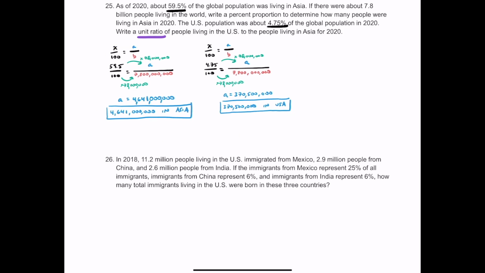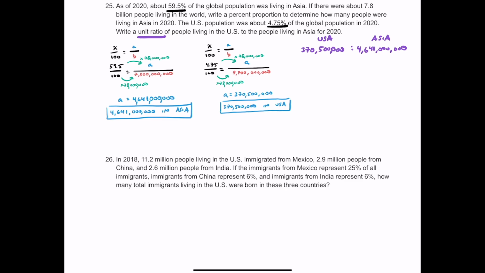Okay, so let's write the ratio of a unit ratio. We need per one. So let's say, I guess it makes more sense to do per one person in the US. So it's one of the, this is how many people are in the US. That ratio to 4,641,000,000. So this is the people in the US to the people in Asia, just to make a comparison.